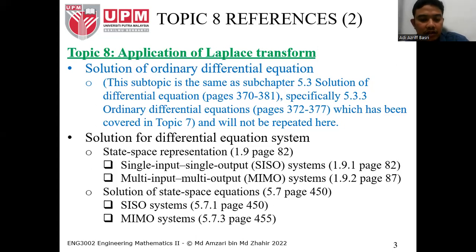What we'll discuss in this topic is more on the solution for differential equation systems, which is state space representation, section 1.9, page 82, in terms of single input, single output, SISO systems, and multi-input, multi-output, MIMO systems, and the solution of state space equations, section 5.7, page 450, for SISO and MIMO systems.